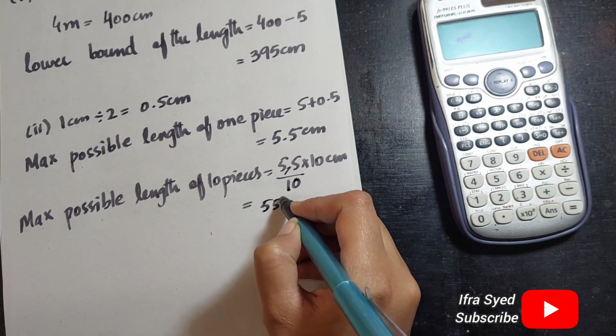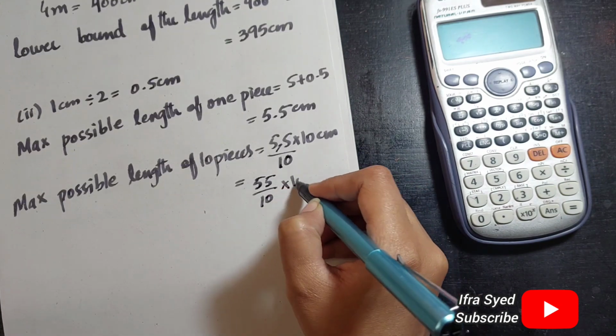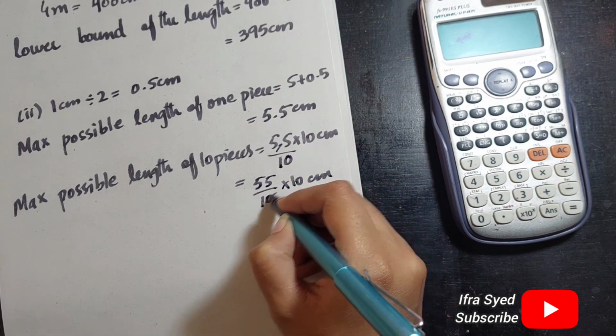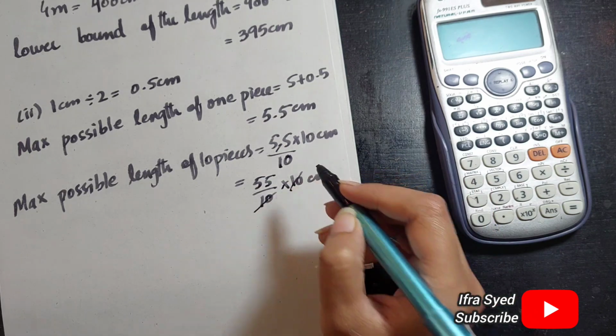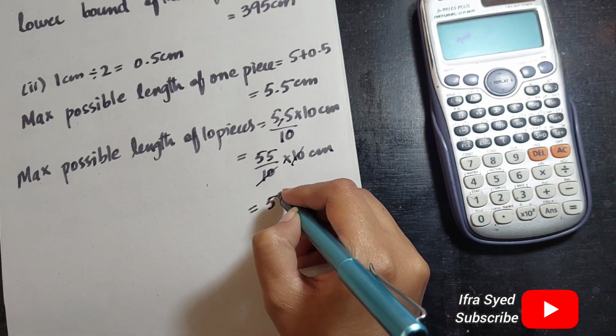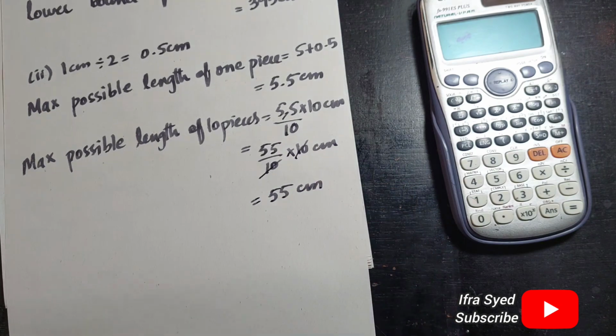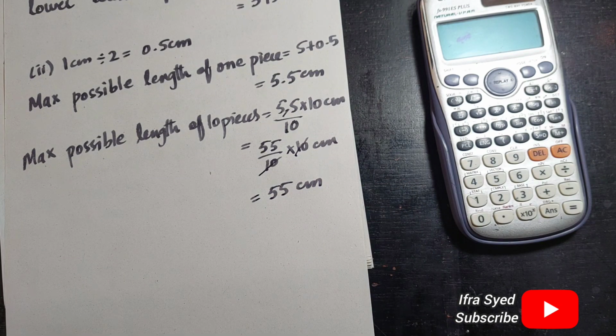So now I have 55 divided by 10 multiplied by 10, and the unit is centimeter. And we can easily cancel out these two 10, and now I have 55 centimeter. So maximum possible length of 10 pieces is equals to 55 centimeter.